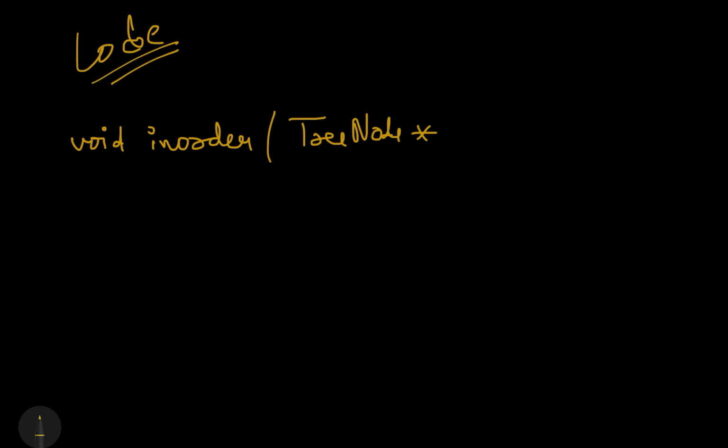Okay, so first we write the in order function, void inorder. We'll pass the root node and we'll pass the vector.